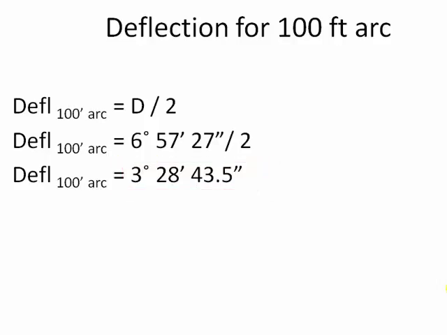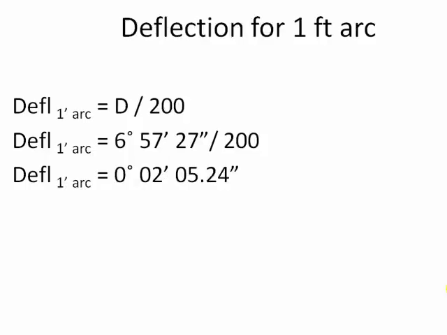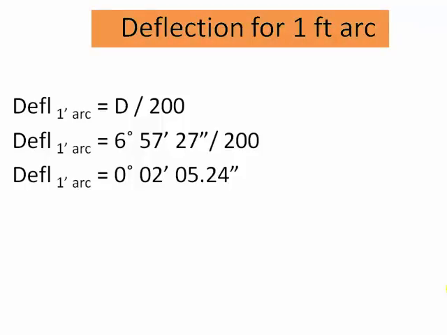Here I have elected to round my seconds to the nearest half second in order to mitigate the majority of intermediate rounding effects. A useful deflection for us in our computational process will also be deflection for 1 foot of arc.